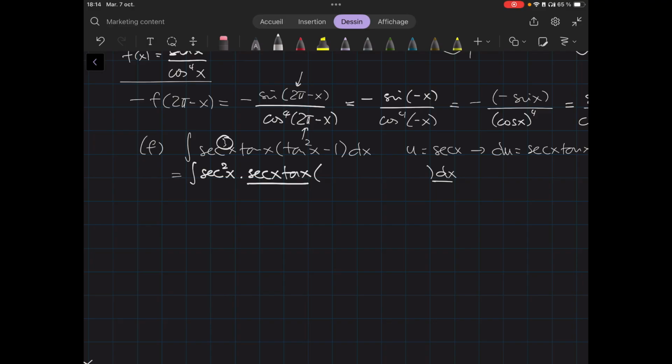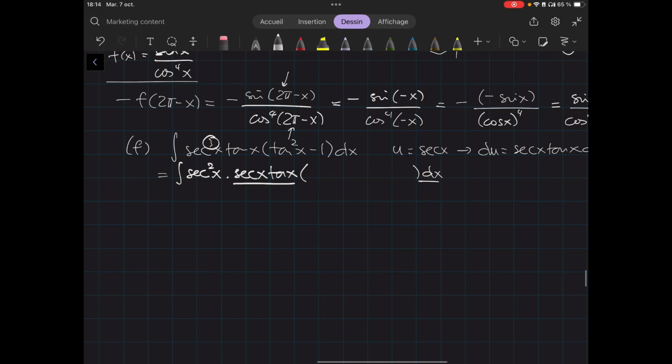That means we have to convert what's left in terms of powers of secant of x. We know that tan squared plus 1 is equal to secant squared. Therefore, tan squared, that is secant squared minus 1.